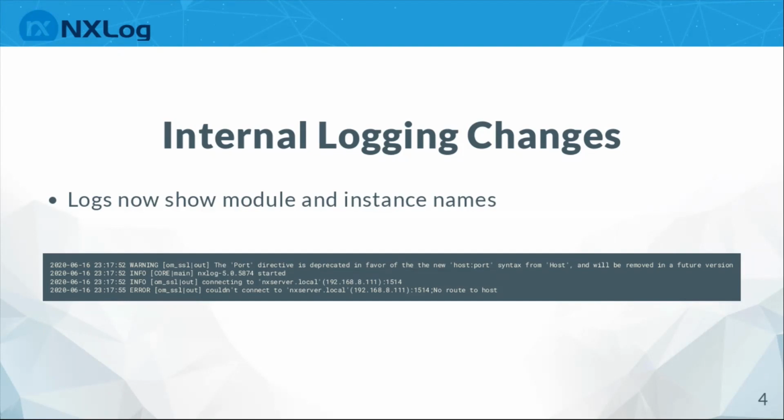To help out with the networking portion of this, we've also added the hostname and the resolved IP address to the logs. If you look at the bottom two lines, we've got a connecting to nxserver.local, and then in parentheses, the IP address. This will take whatever IP address we've found, whether it's a standard DNS lookup or part of a round robin, and this is the actual IP we're connecting to.